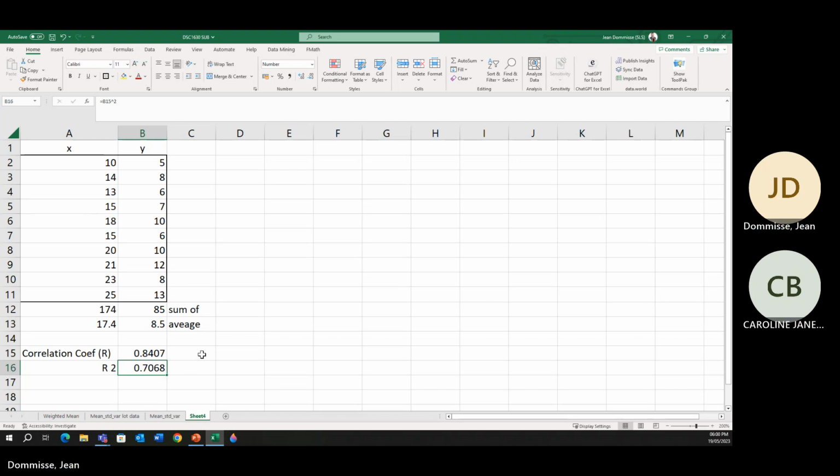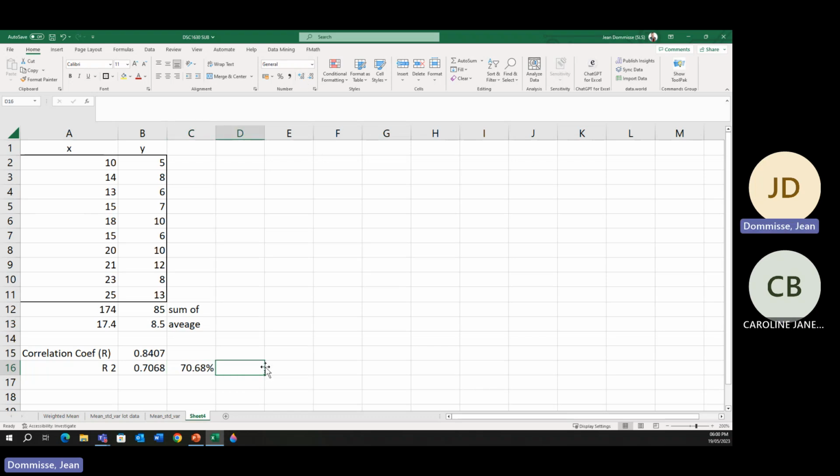Normally they want this one as a percentage, and then normally as just 2 decimals. So let's do that and say percentage as 2 decimals.